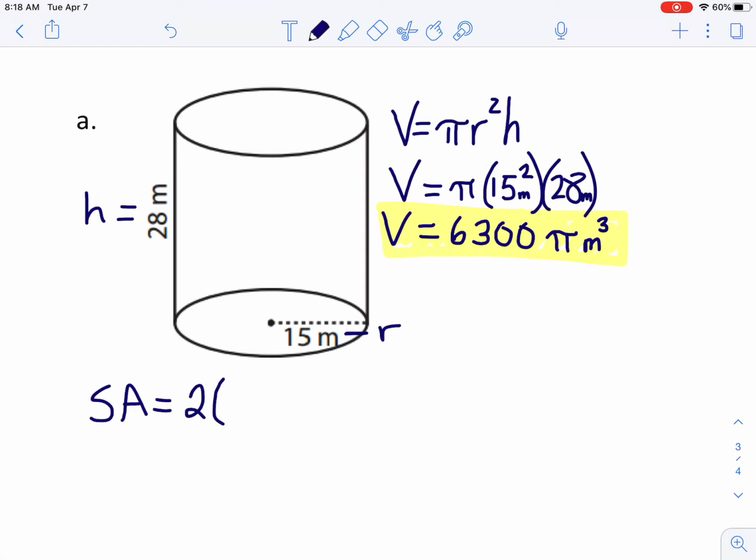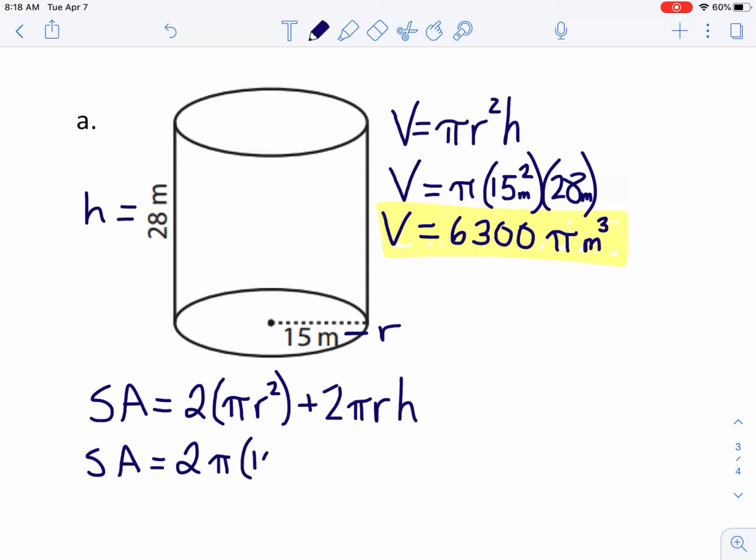Surface area is the 2 circles plus the 2 pi r times the height. Once again, you can leave it in terms of pi. So I have 2 pi 15 squared plus 2 pi 15 times 28.